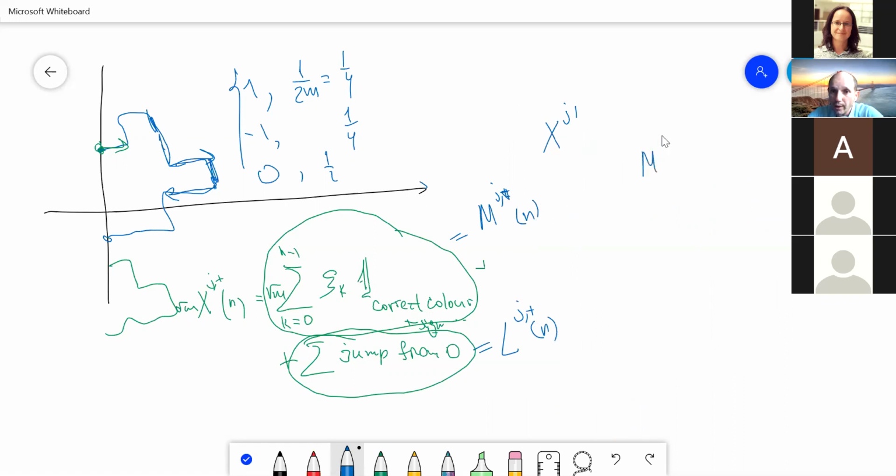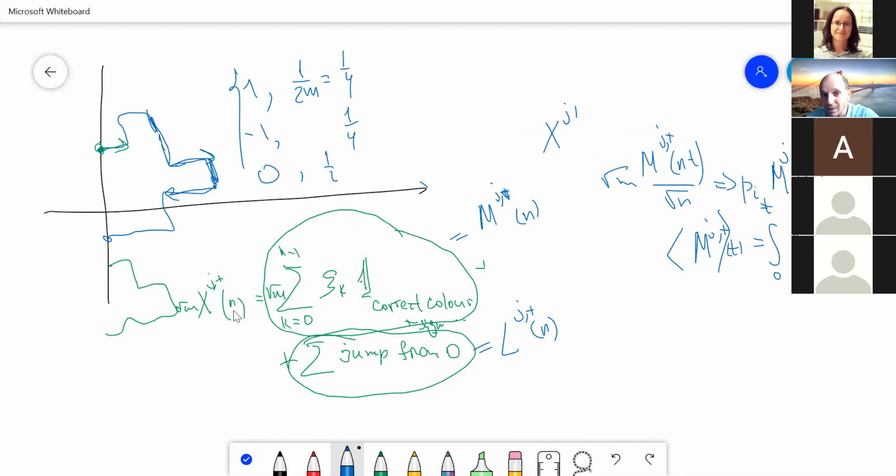So the limit of M_j plus of nt over square root of n will be Pi times M_j plus of t, where this process is a local continuous martingale whose characteristic is the integral from 0 to t of the indicator that the limit point for this sequence is positive.